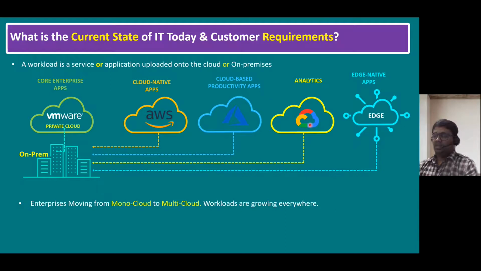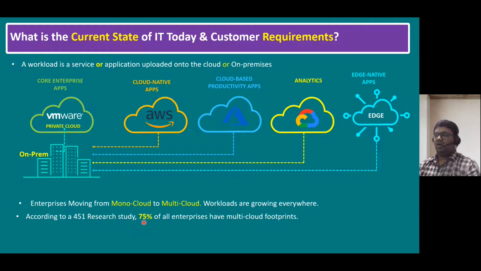Not only these three clouds; recently some other clouds have also started working, like Oracle Cloud, IBM Cloud, Alibaba Cloud, and so on. According to a 451 Research study, 75% of all enterprises have multi-cloud footprints.